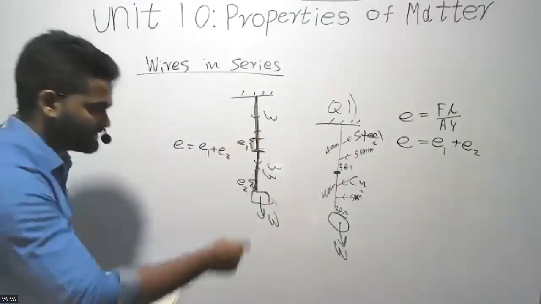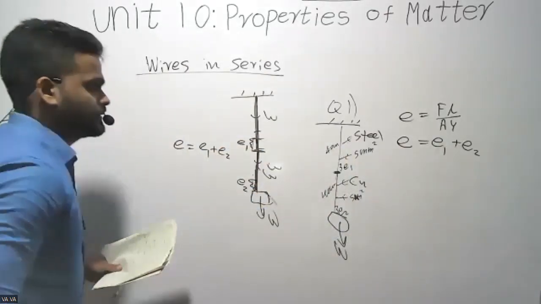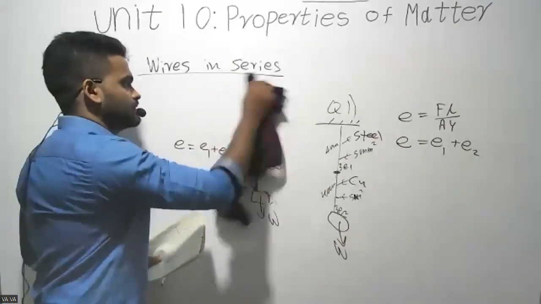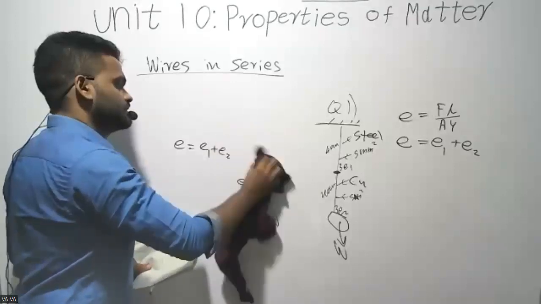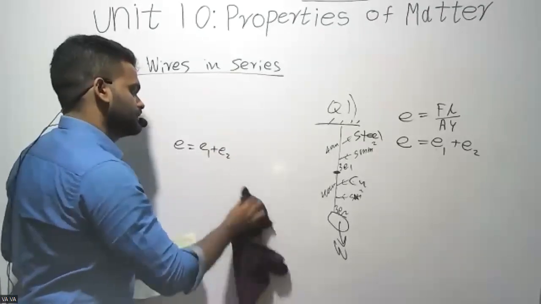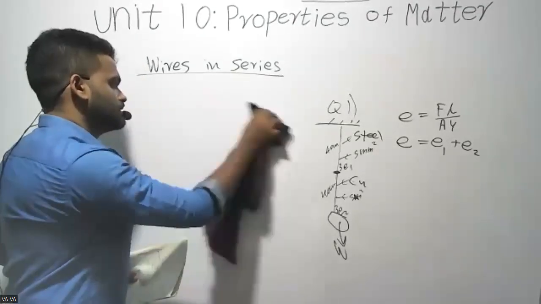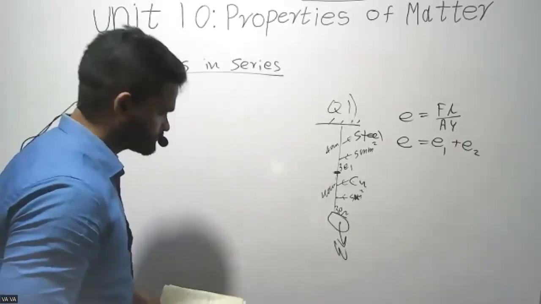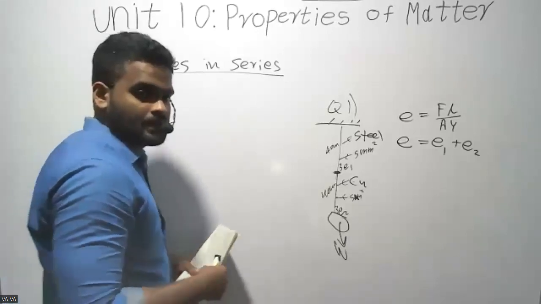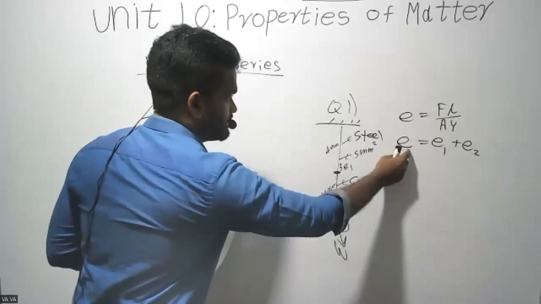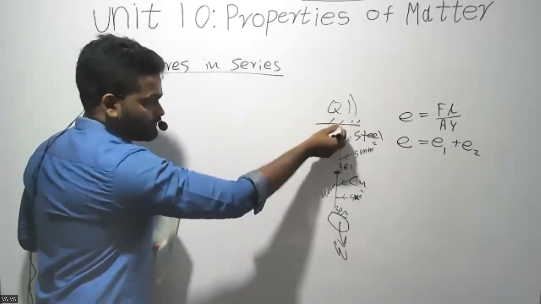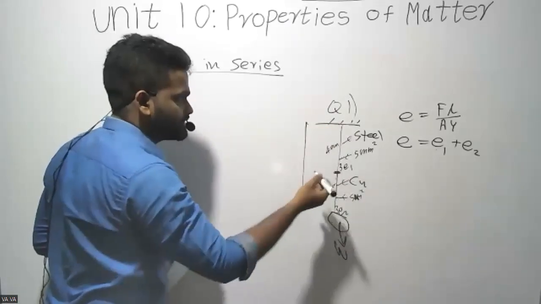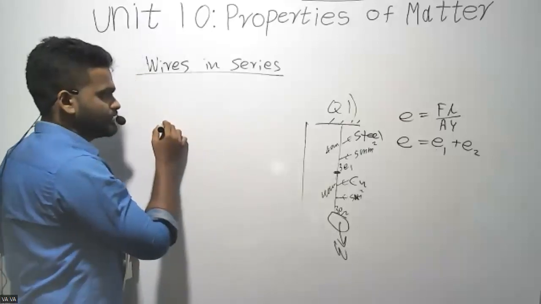Then you can use that equation. I'll just apply that. E is the total extension of the whole wire.